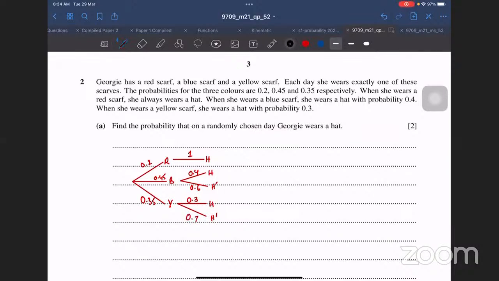Now, I always ask you to write down the outcomes of each of the branches. So this is R and H. This is B and H. This is B and H naught. This is Y and H. This is Y and H naught.